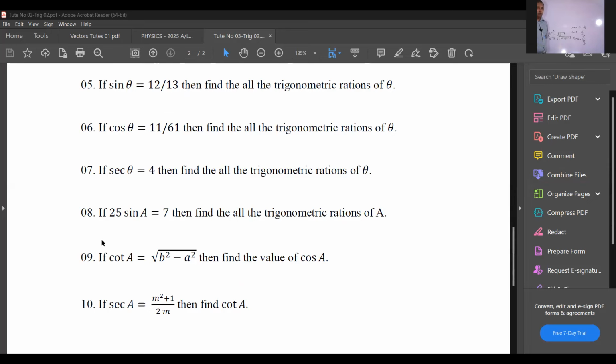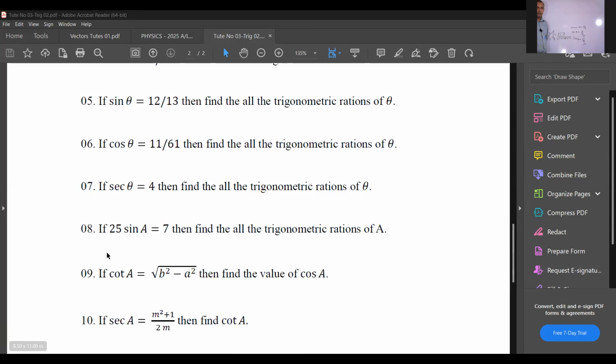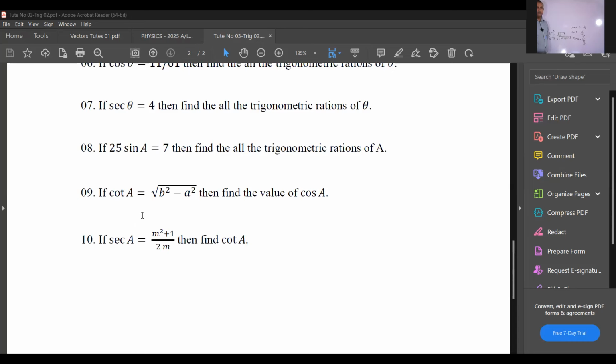I am not going to solve those questions because you have not submitted your homework. So again, I'm going to give you a chance. You can do this and upload it to me, up to question number 8. Then I will teach question number 9. Question number 9 only.